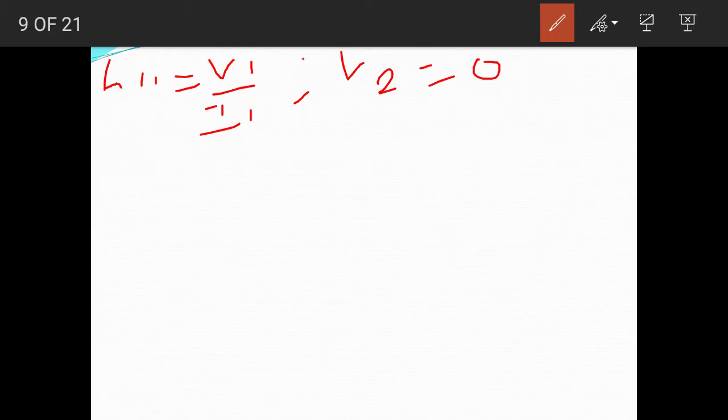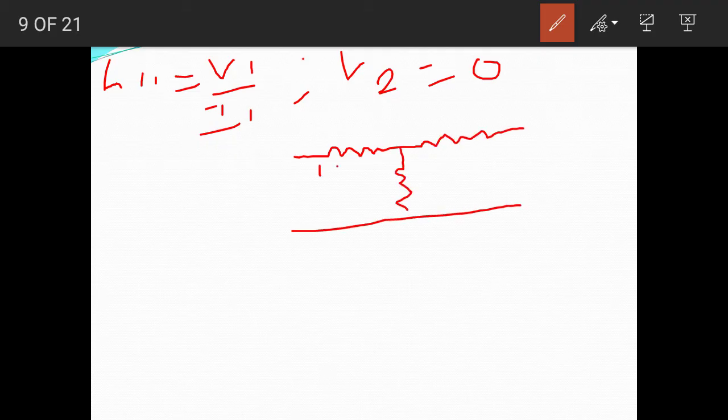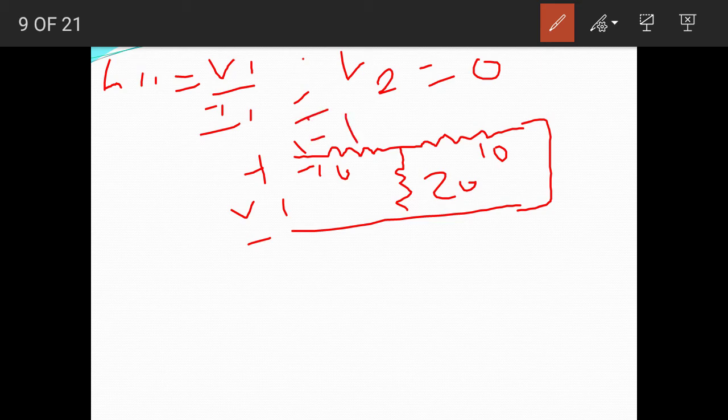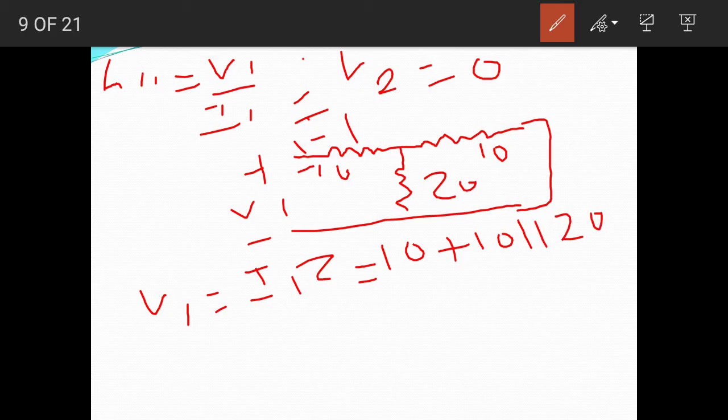So the network becomes in such a manner, that is 10, 10, 20 and V1, I1. So V1 is equal to I1 Z, that is 10 plus 10 parallel 20.